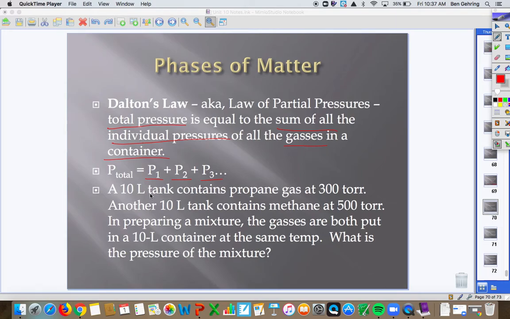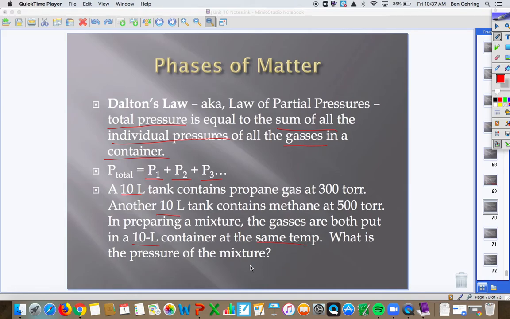So for example, a 10-liter tank contains propane gas at 300 torr. Another 10-liter tank contains methane gas at 500 torr. In preparing a mixture, the gases are both put into a 10-liter container at the same temperature. What is the pressure of the mixture? Because my volume didn't change, I had to keep a constant volume and a constant temperature, which we've done.